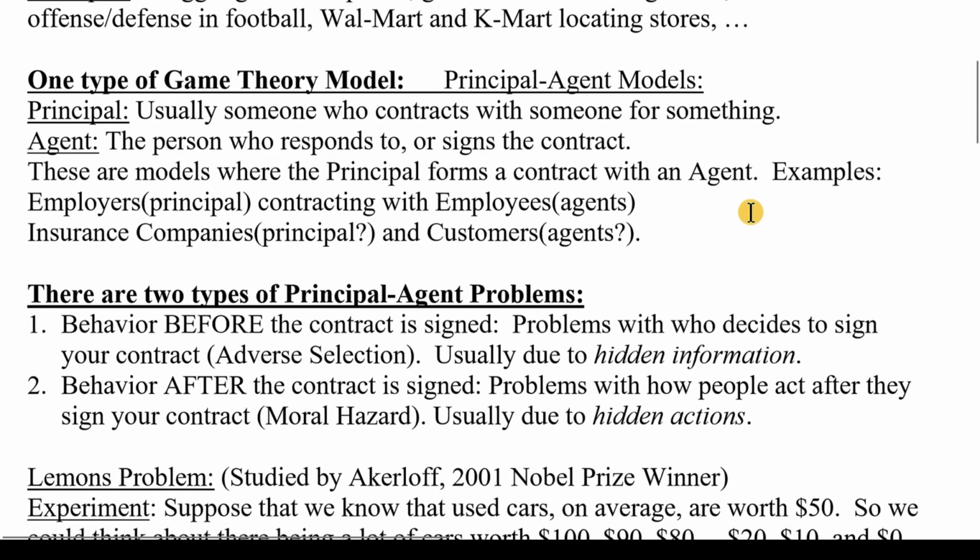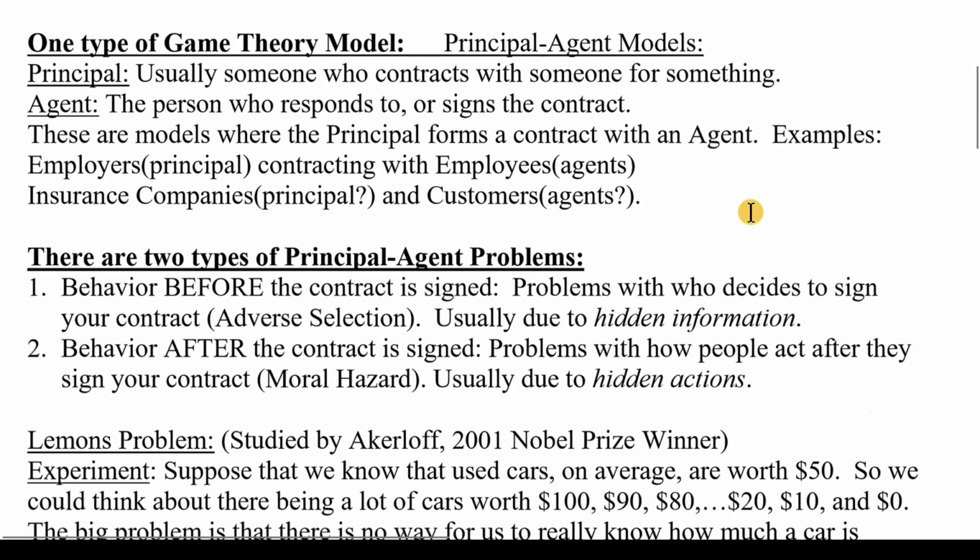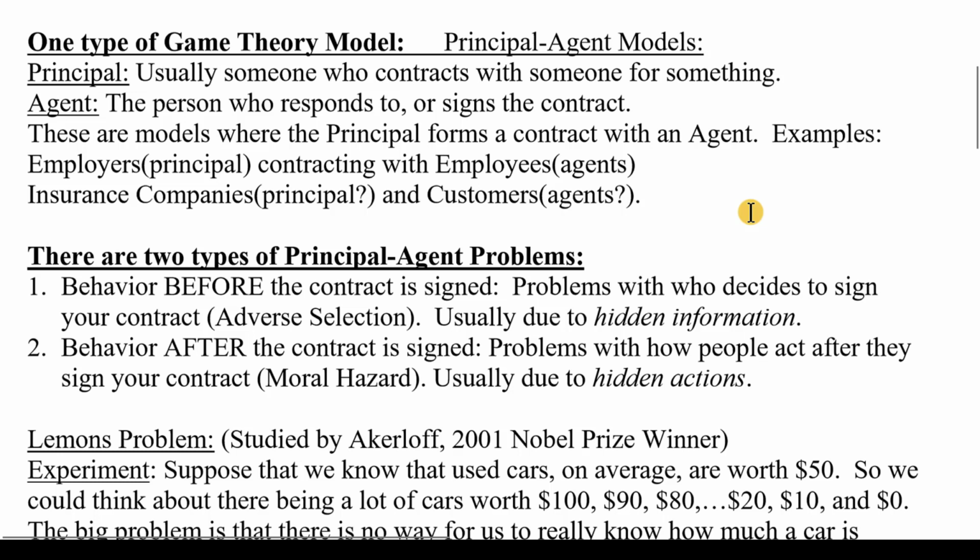So let's look at these kinds of models that we call principal-agent models. In this kind of situation, I think about the principal as somebody who is trying to contract with someone to do something. The agent is somebody who's going to respond to the offer of the contract, or think about it as the person who would sign the contract.